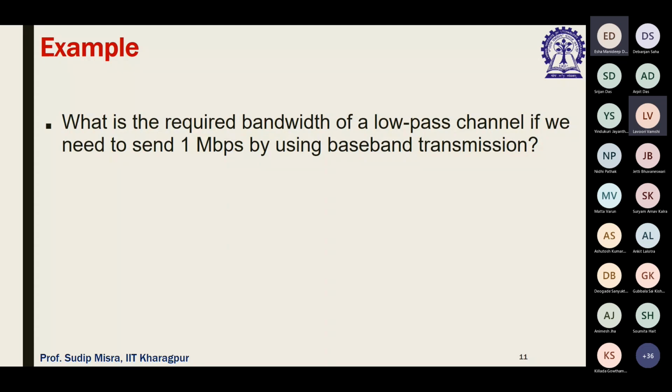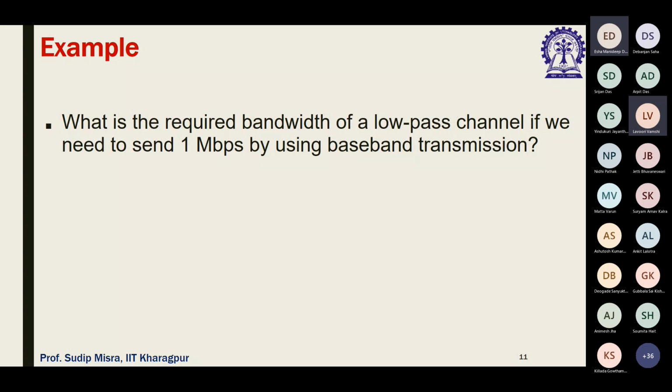Now the question over here is, what is the required bandwidth of a low pass channel if we need to send 1 Mbps by using baseband transmission? So here actually we are talking about baseband transmission only, right? So baseband transmission we need to do through a low pass channel, right? And we have 1 Mbps. So can somebody tell me what will be the required bandwidth?